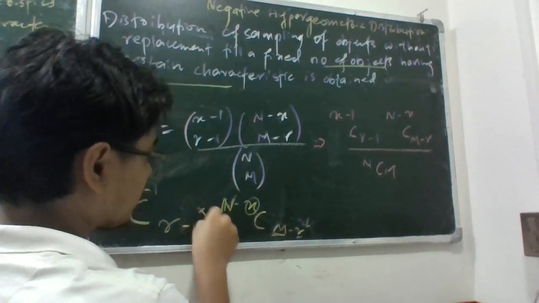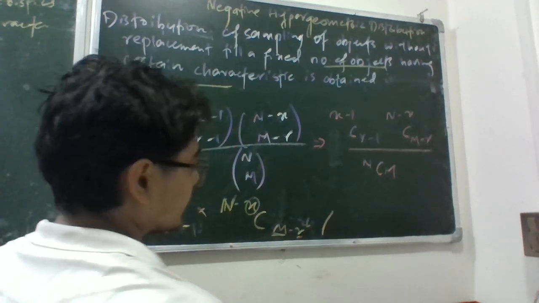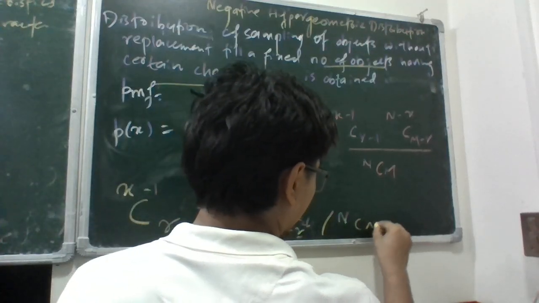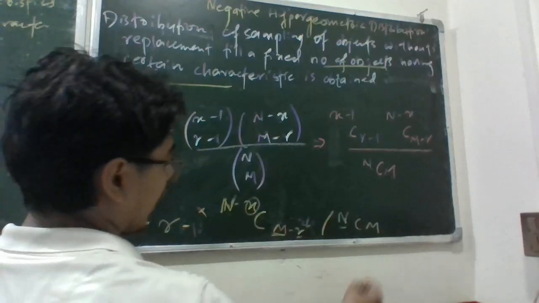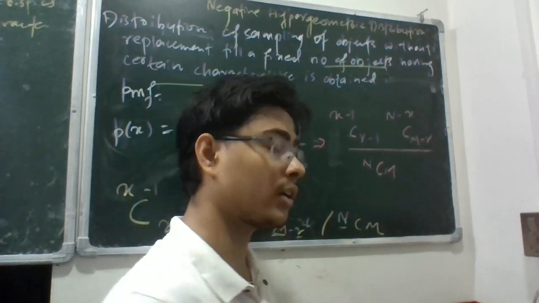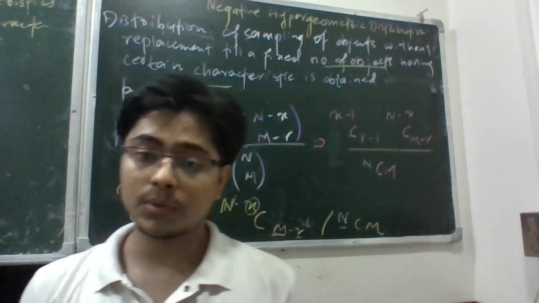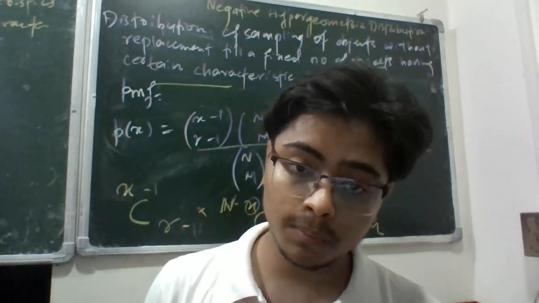So this is the product of these two combinations, and dividing it by n C m, that means among the total combinations, how many of the items among the total items have certain characteristics. So this is all about negative hypergeometric distribution.